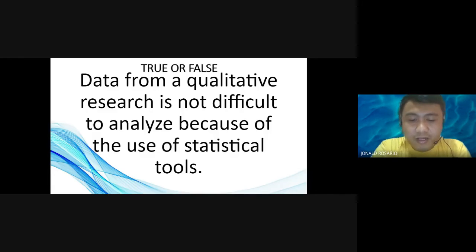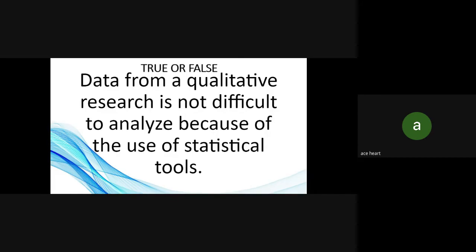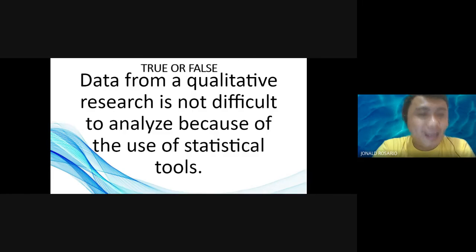That's correct, Mark. How about nag-raise ng hand si Joanna kanina? Difficult to analyze, sir. Correct? Okay, thank you for that, Joanna. So, data from a qualitative research is difficult to analyze.